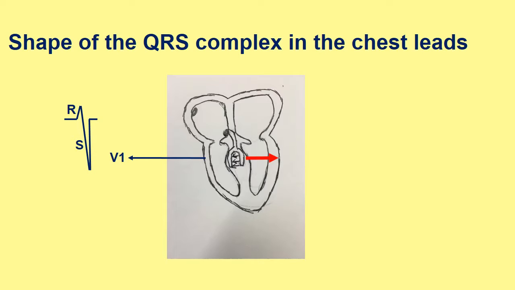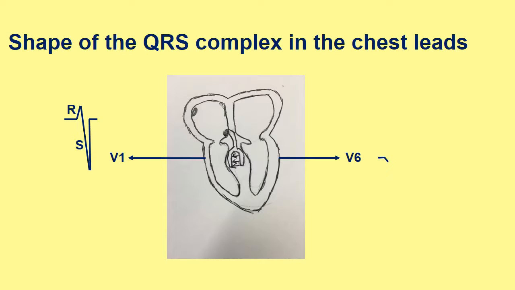Now let's go to the left ventricular leads. Let's take V6 as an example. The first wave of depolarization that V6 will measure will be the septal one, because the septum is depolarized first. The septal wave is going away from the V6 electrode, so the deflection will be downwards.